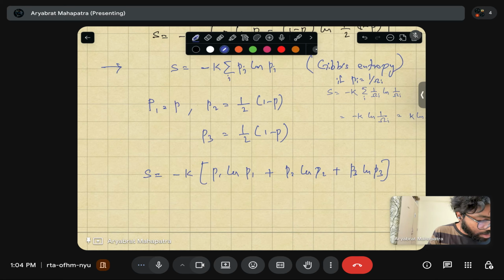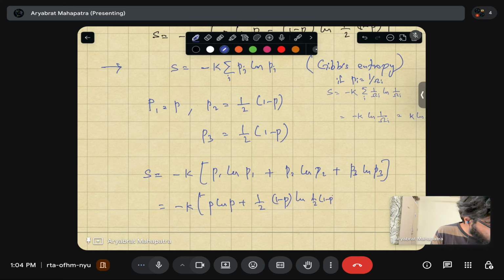So this will give you minus k times p ln p plus half 1 minus p ln of half 1 minus p, and then again half of the same thing, half of 1 minus p.